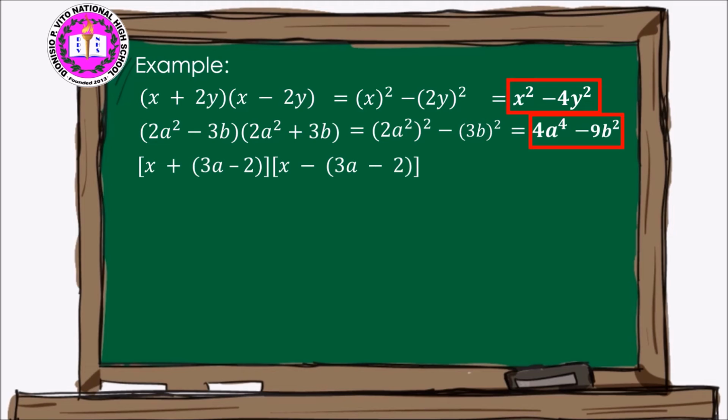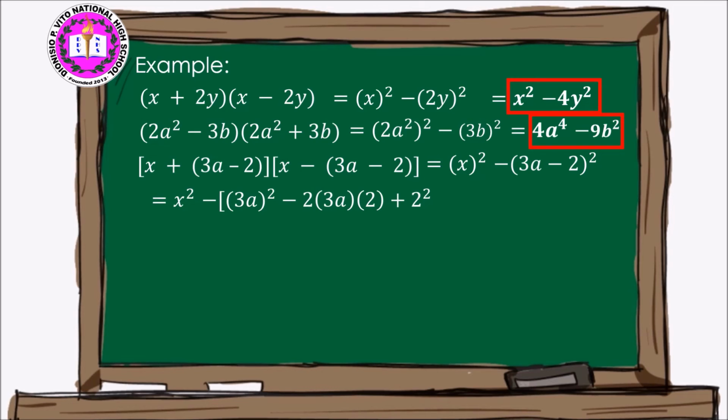Another one is x plus 3a minus 2 times x minus 3a minus 2, which is equal to, so we have x squared minus (3a minus 2) squared. So we have x squared is equal to x squared minus (3a) squared minus 2 times 3a times 2 plus 2 squared.